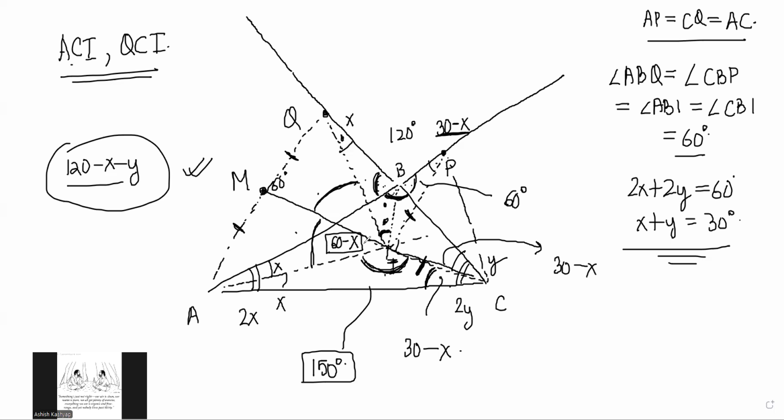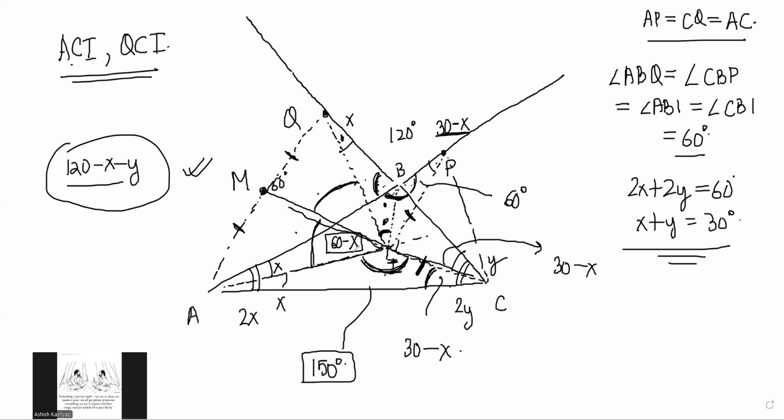AIM is 30. 60 minus X was the angle we had written before. AIM is this angle. Can we find it in some way here?